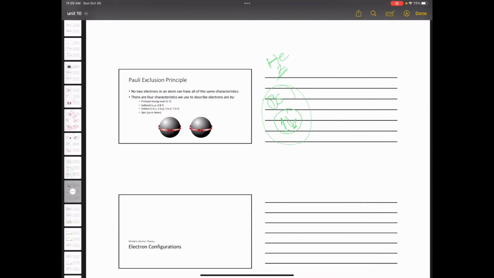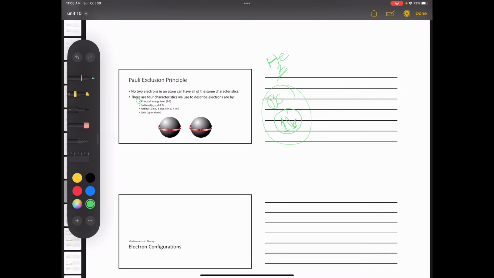And that's how the second electron is unique in its characteristics. Electrons are described through four different characteristics. First, the principal energy level. It starts with the first principal energy level, then 2, 3, and goes all the way up to 7.